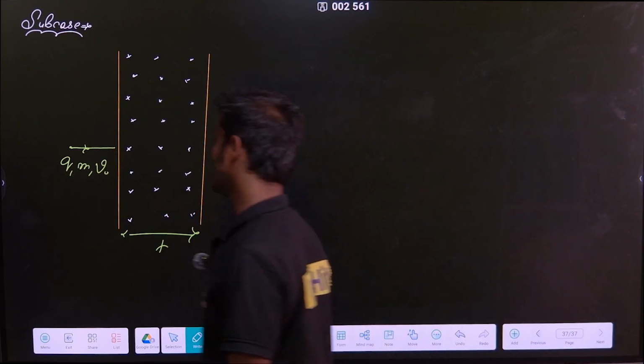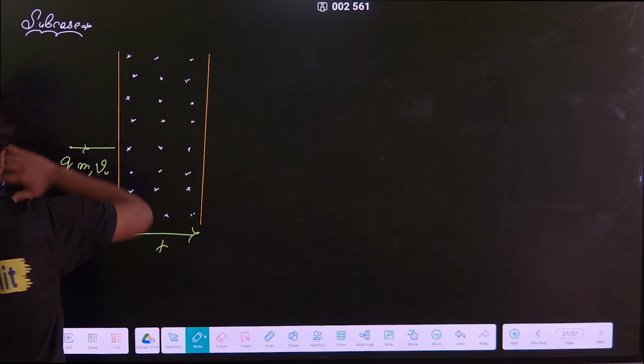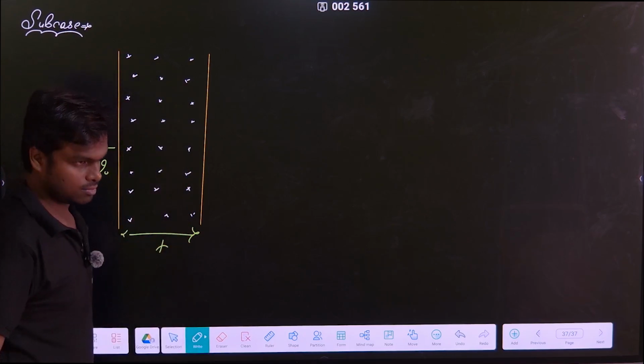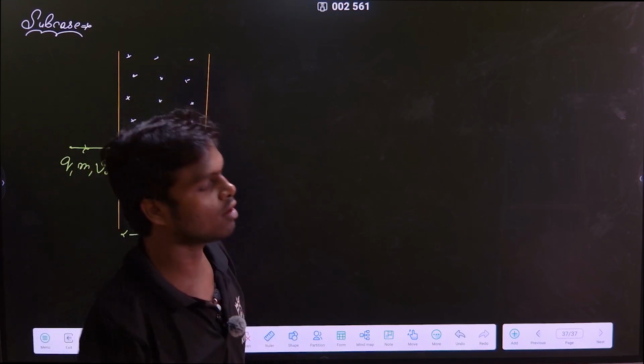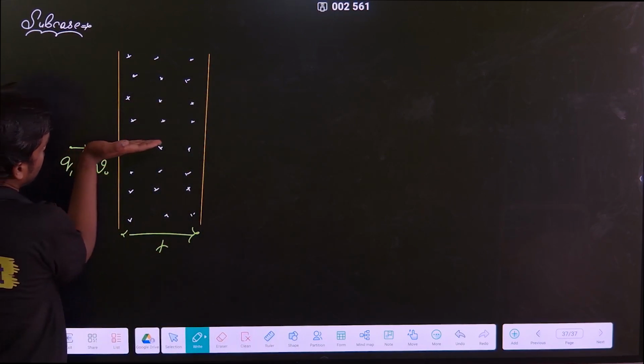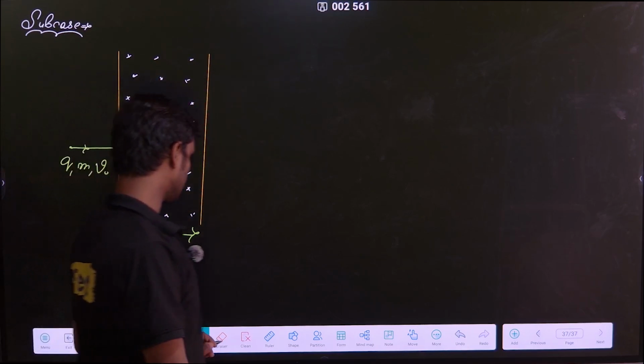One case is that this particle will go, make a semicircle and come out. That is possible only when t is equal to or greater than r. The second case is that this particle will go like this and come out like this. Those are the two possible cases.